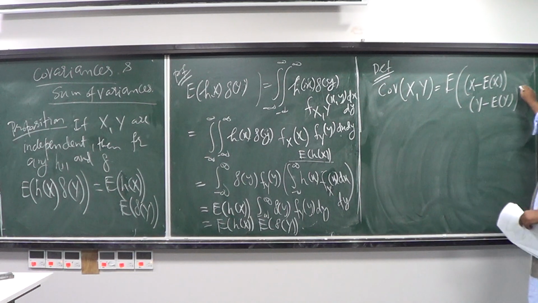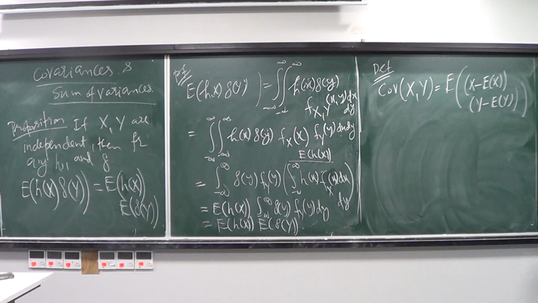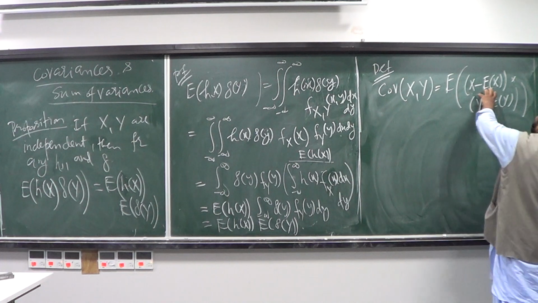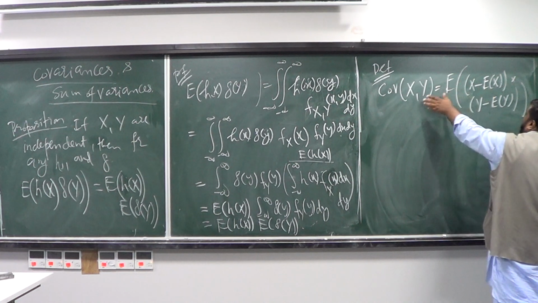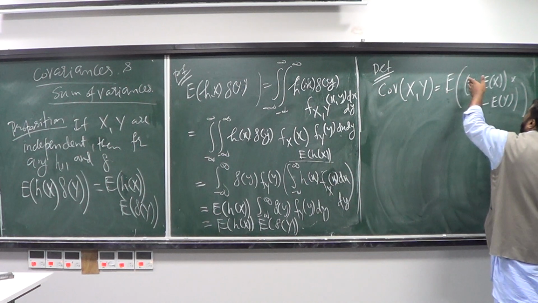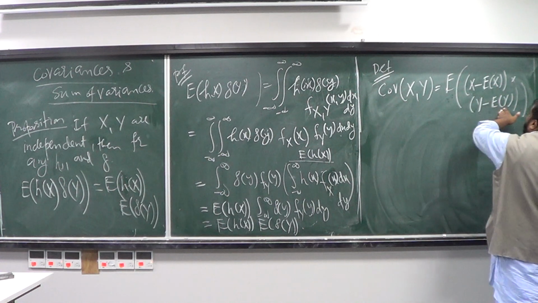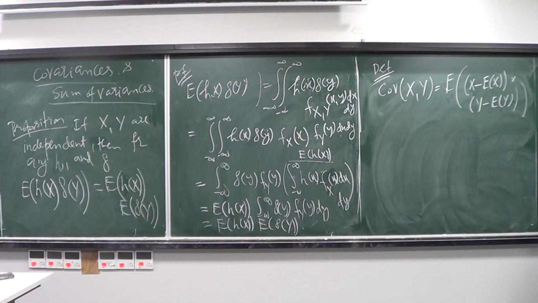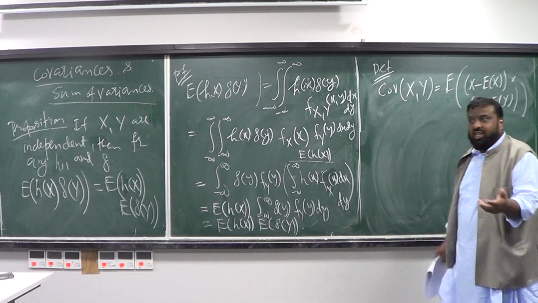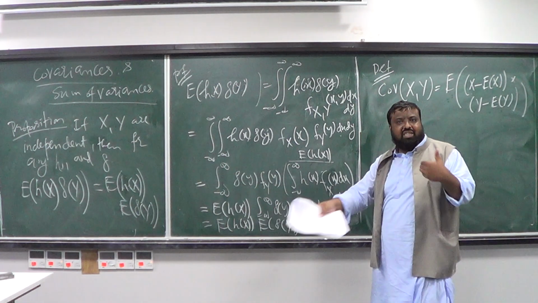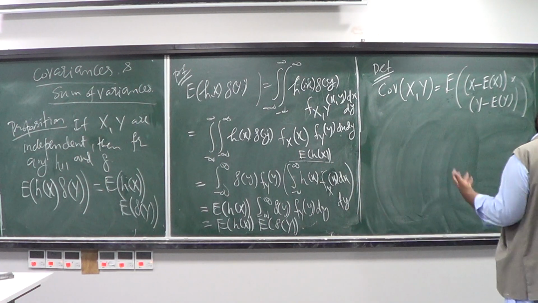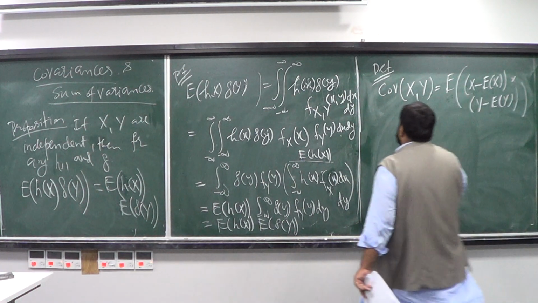In other words, it's an average of that product. This gives you the covariance. Covariance is important to define, as I said, the correlation, which tells you how two things are related to each other: positively, negatively, or in some other way.